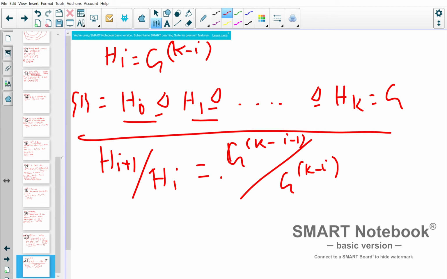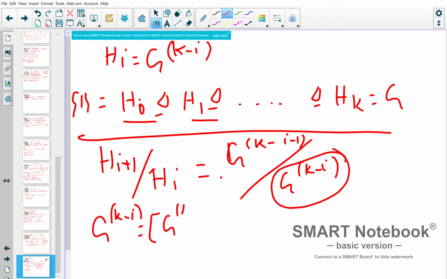Why is this abelian? This is normal in this, we already proved it, because G(k minus i) is the derived subgroup of G(k minus i minus 1).